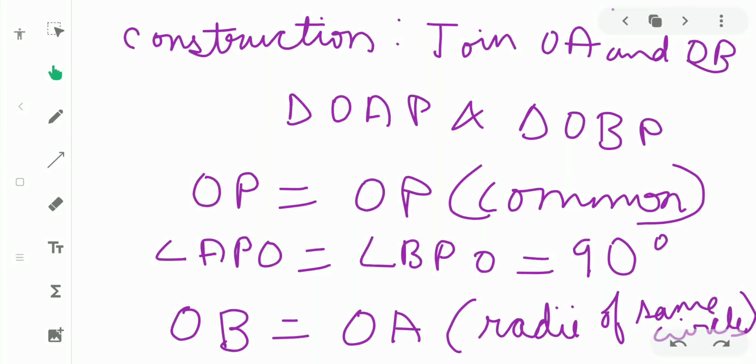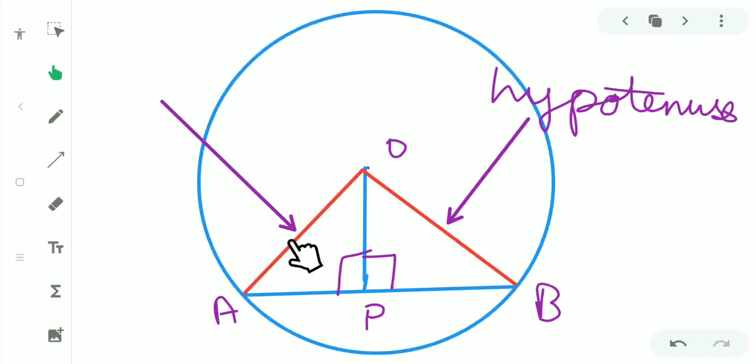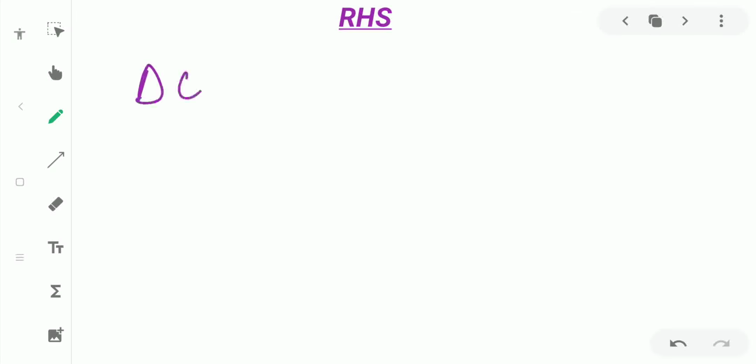So by RHS I have this triangle and this triangle. Triangle number 1 and triangle number 2 I have drawn here. Triangle OPA is congruent to triangle OPB. So this triangle is congruent to this triangle.